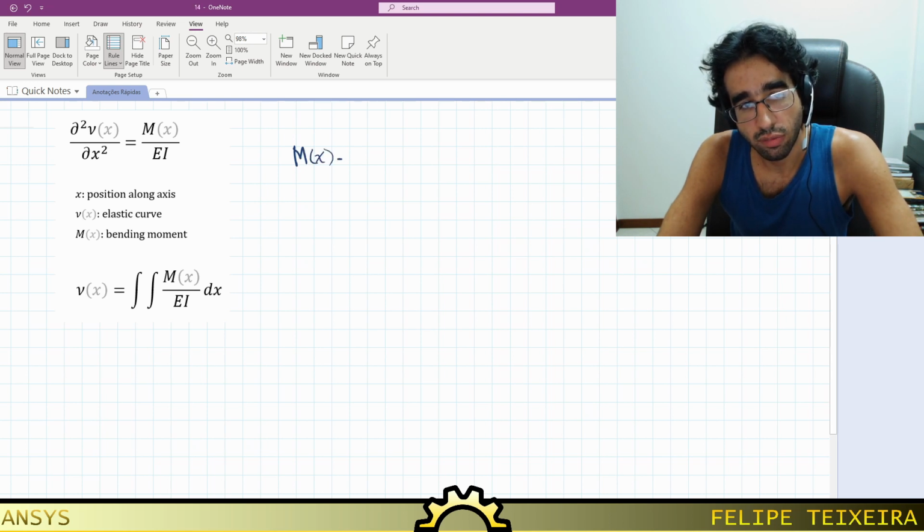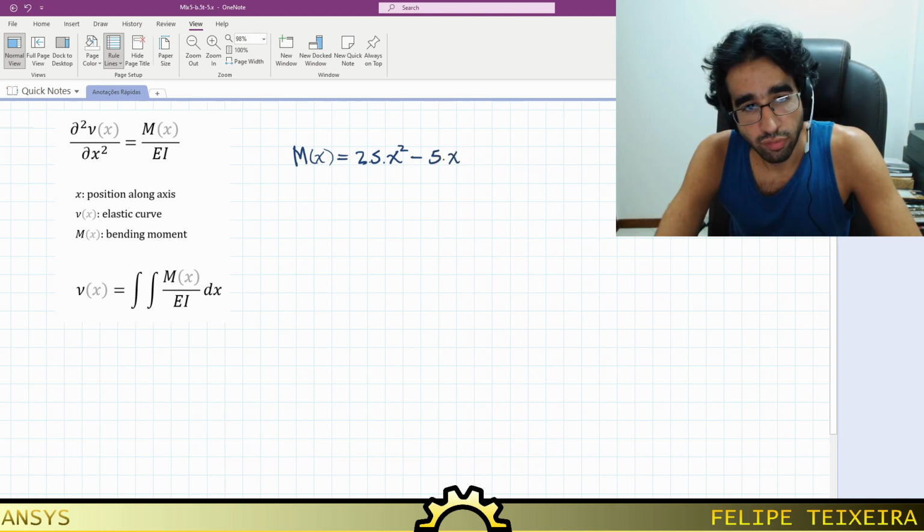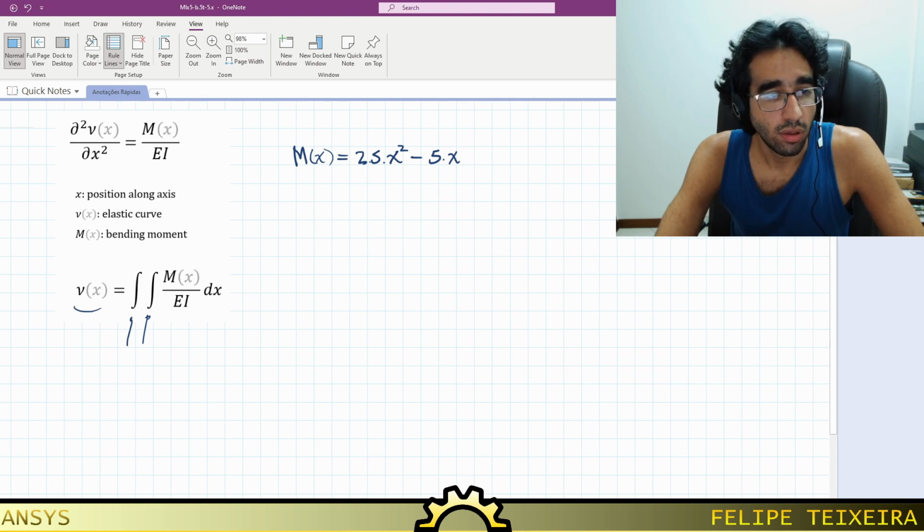The bending moment as a function of the position is equal to 2.5 times the position of the cross-section squared minus 5 times the position. So now we can finally integrate this expression for the bending moment twice to obtain the function of the elastic curve.